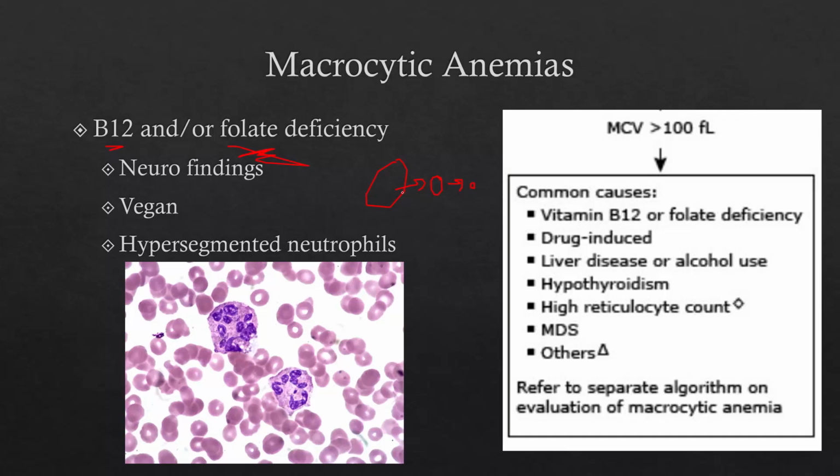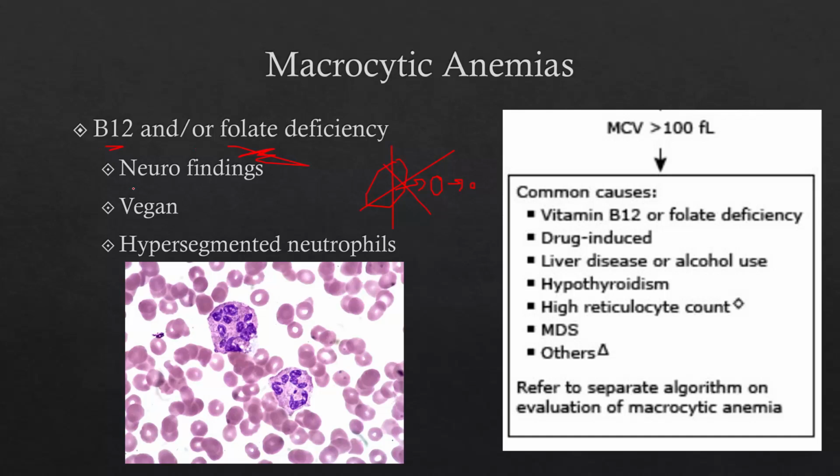Now remember, red blood cells don't have nuclei, so they don't actually go through mitosis and split. So don't get caught up on USMLE if they try to lead you down the path of, it's macrocytic because it's not able to undergo mitosis. That's not the case. RBCs don't undergo mitosis normally.